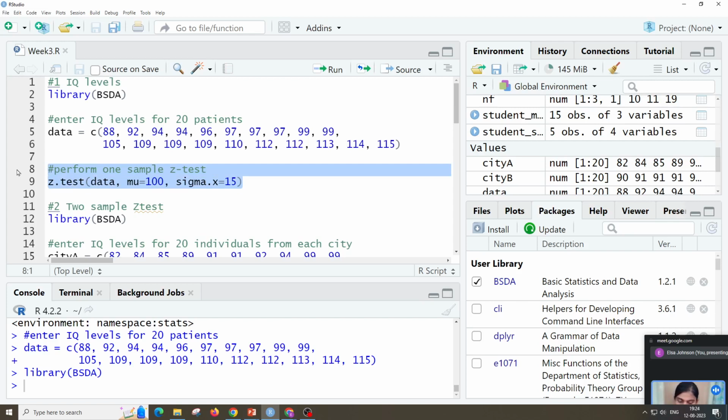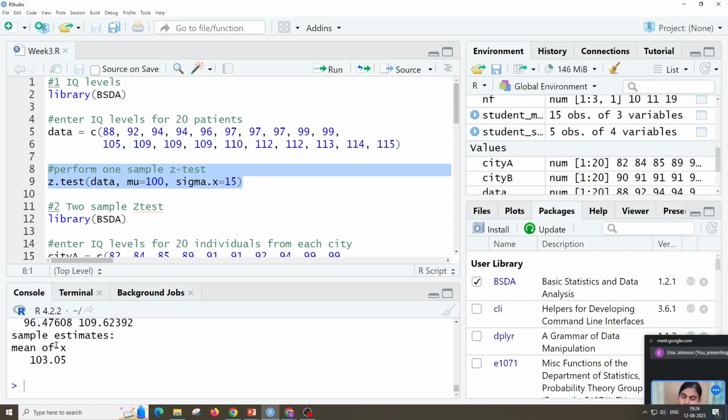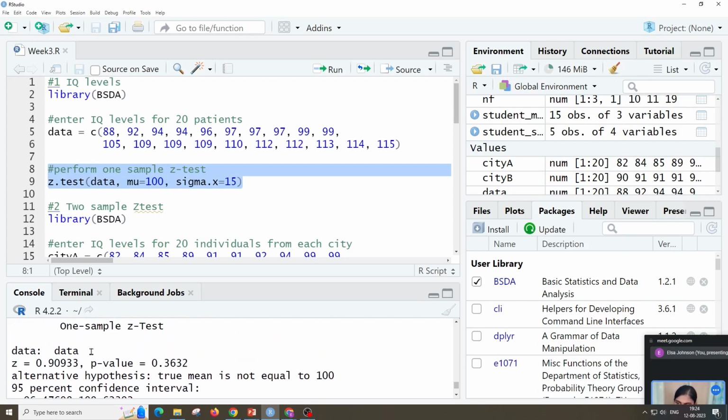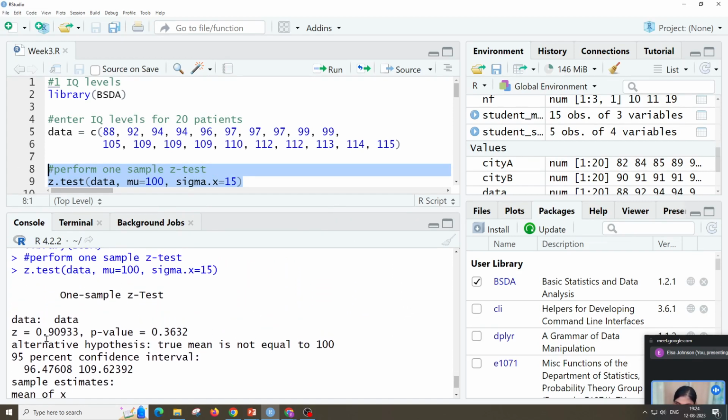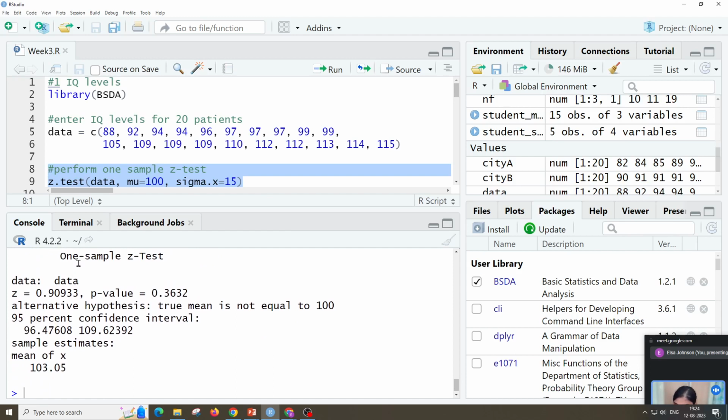So to perform the one sample z test, you have to give the data, which means the sample, and then you have to give mu as the population mean, and sigma.x as the standard deviation of that particular population. Now I'll run this line. So this is the one sample z test. The z score value is coming this much, and the p value means the probability of that.